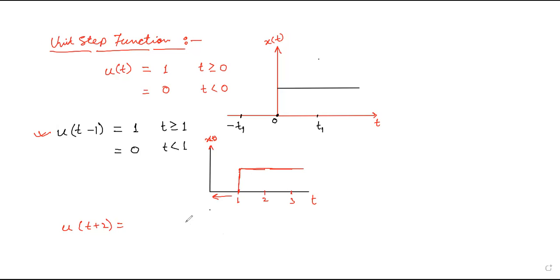So this function can be defined at, so this is t, so you can see from this expression that u(t plus 2) means at t is equal to minus 2, so here it is minus 1, here it is minus 2, so its amplitude will be equal to 1 at t is equal to minus 2 and it will be like this.